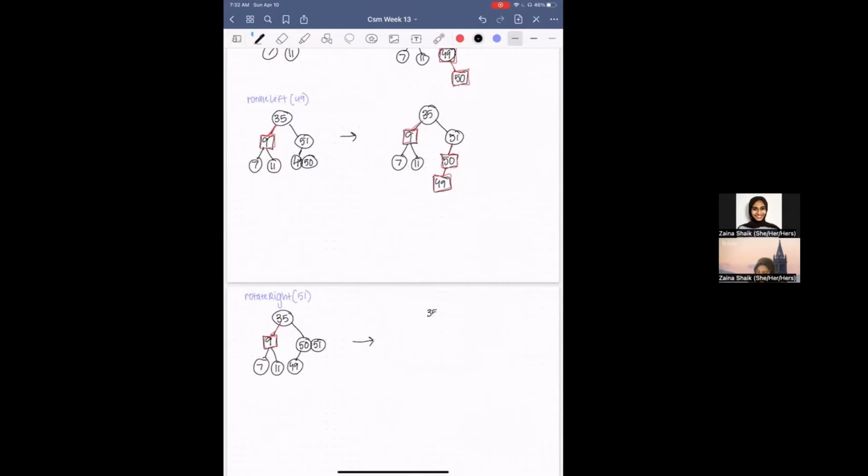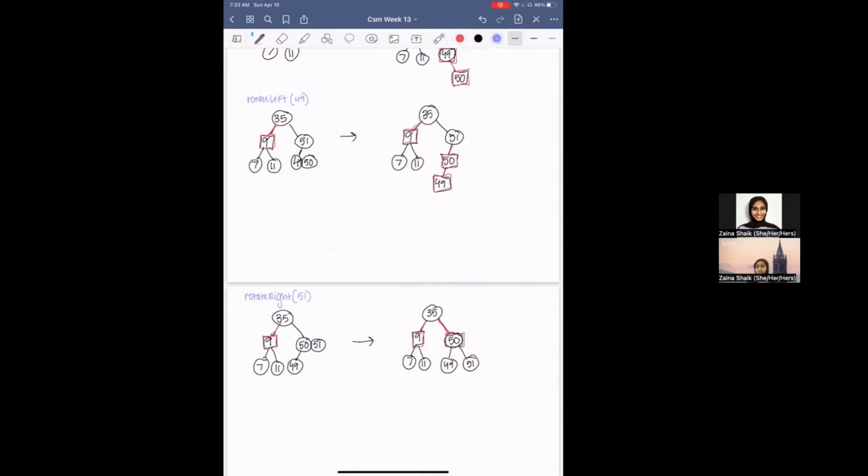And then after the sub-step, we will have 50 be at the parent, and then 49 and 51 be its children. And then 50 be red.